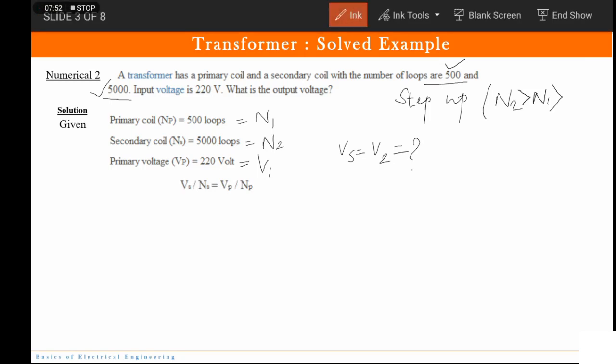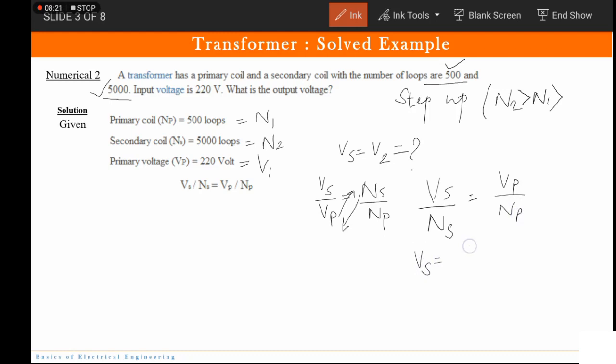Now if I use these nomenclature, I would say Vs upon Vp is equal to Ns upon Np. Okay? Now I will have cross multiplication. So my equation becomes Vs upon Ns is equal to Vp upon Np. So I will convert this equation in terms of Vs, which becomes Ns upon Np multiplied by Vp.